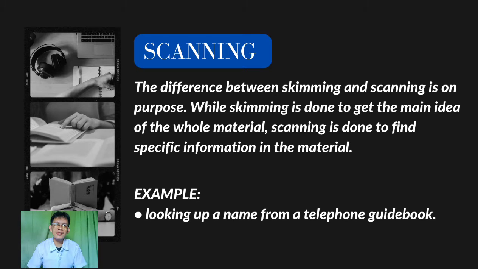We go through all the names listed in a specific paper, but we don't really read each piece of information like their names, surnames, address, and precinct number. We just have to look for our names. So the difference again is that skimming is more general, we just have to find the main idea, and scanning is looking for specific information.